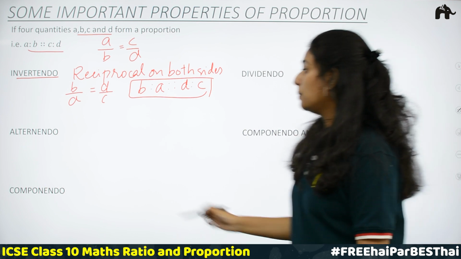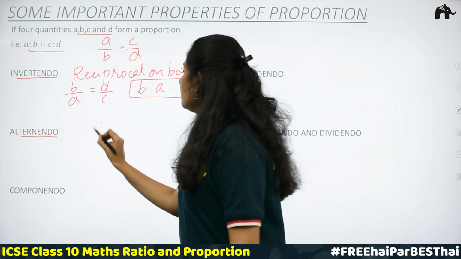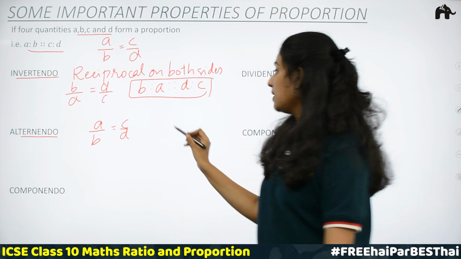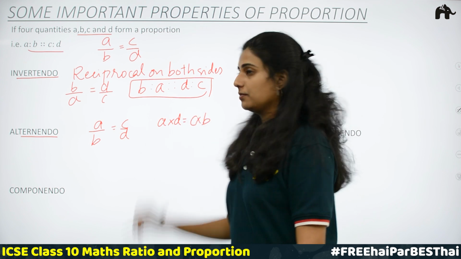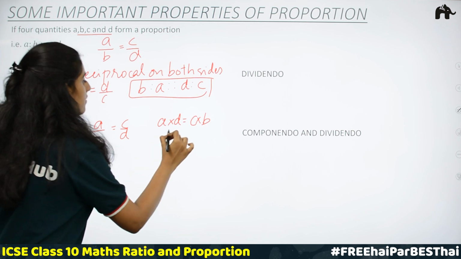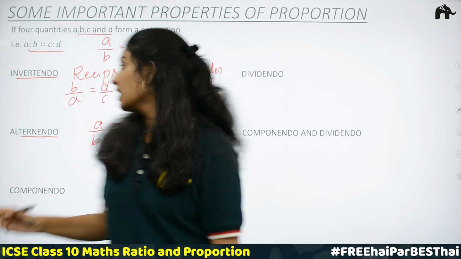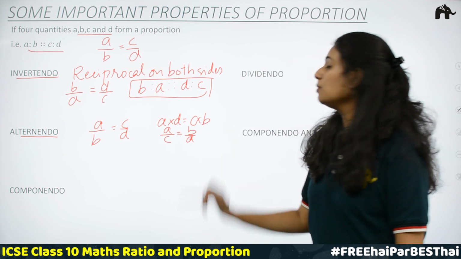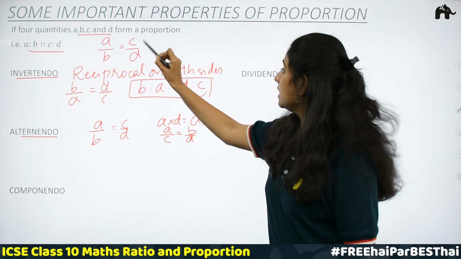Now, the second property, alternando. Here, if we have A by B is equal to C by D, then on cross multiplying we will get A into D is equal to C into B. After that, taking this C to the opposite side, we get A by C is equal to B by D. That is, if A by B is equal to C by D, then A by C is equal to B by D. We are just shifting these two terms, taking B to this side and C to this side.